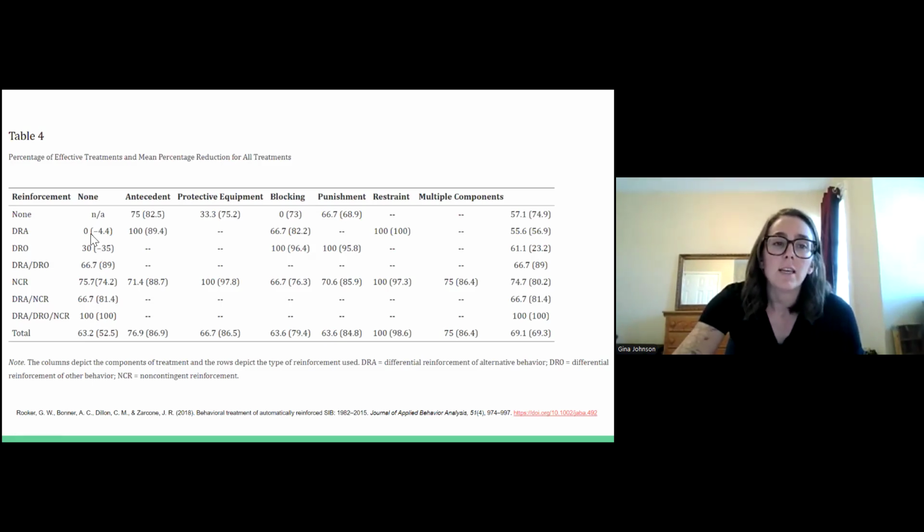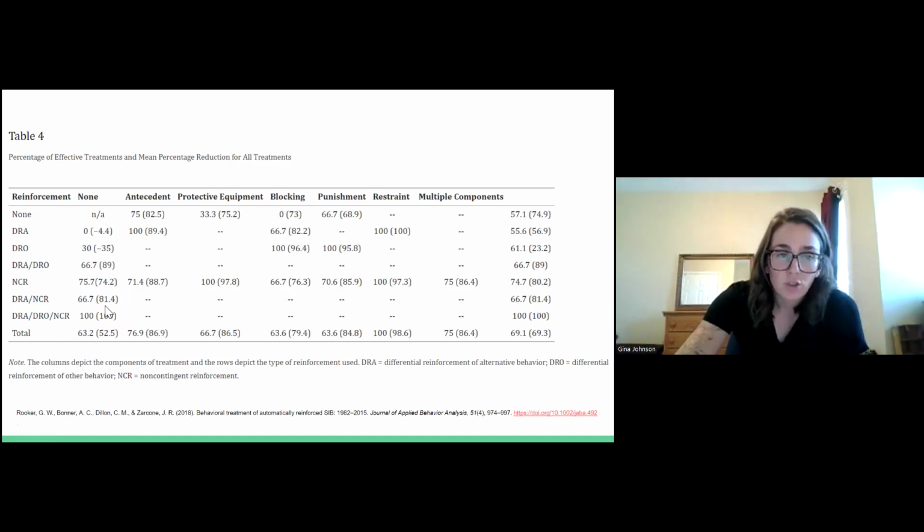You can see how, as you add on any of these, in most of these scenarios, for DRO, you jump over and see the effectiveness, right? 30% jumps to 100% when you combine DRO with blocking or a punishment procedure. Again with NCR, NCR alone is at 75%, and you jump to 100% with the addition of protective equipment and restraint.